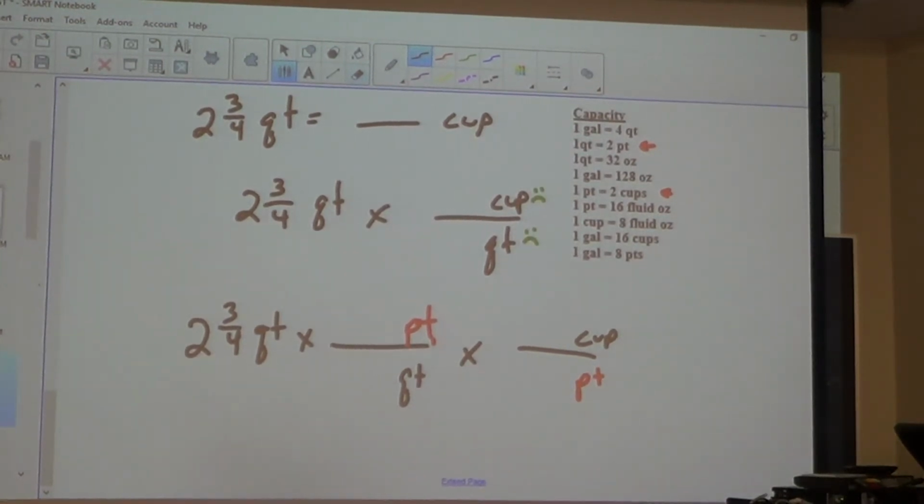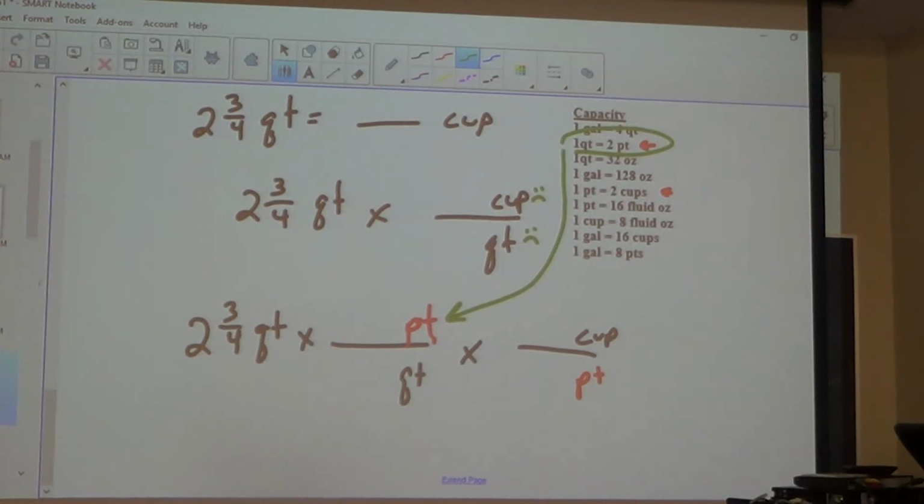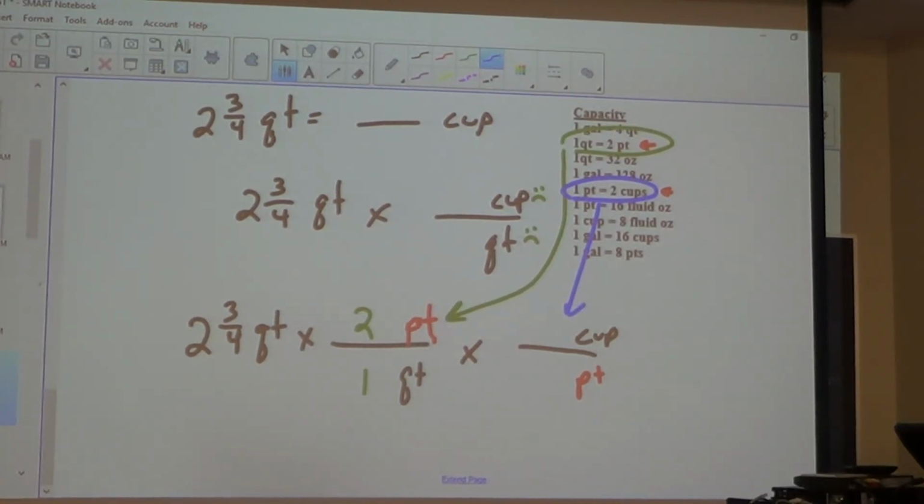So what am I going to use for my first conversion? Pints and quarts. What's my fraction going to be? 2/1. Then my other conversion is going to be pints and cups. What is that fraction going to be? 2/1. So am I going to multiply or divide?